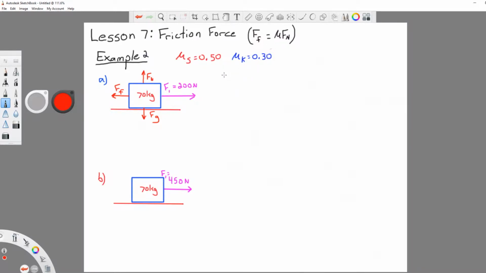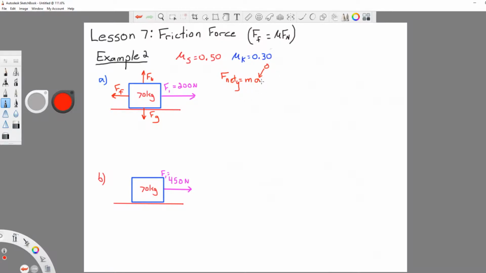Okay, so we've got F net, well, we're going to say F net y is equal to mass times acceleration. But in the y direction, up and down, this object isn't jumping, it's sliding side to side. So there's no acceleration in the y direction at all in this problem.